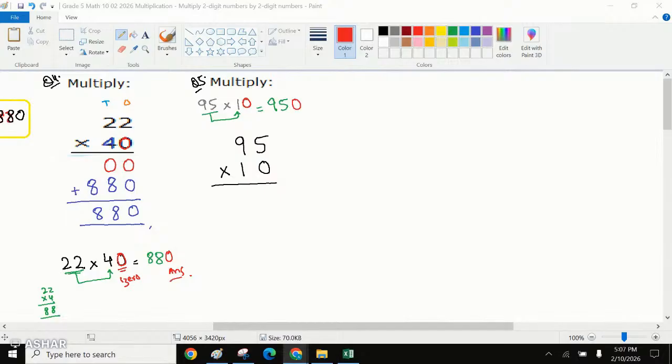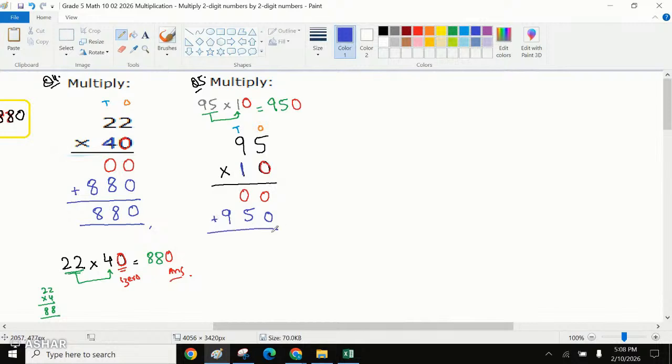Agreed? Very similarly, we can see this was the ones, this was the tens. When the ones is multiplied, 0 multiplied by 5 is 0, 0 multiplied by 9 is 0. But when we are multiplying by tens, we put a 0 since it's a 10. 1 multiplied by 5 was 5. 1 multiplied by 9 was 9.